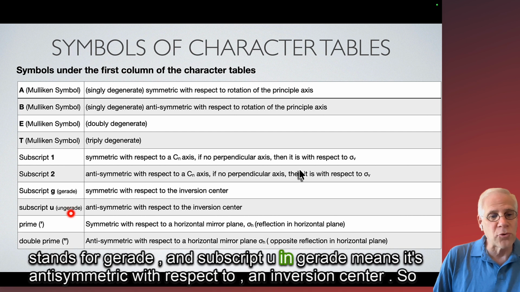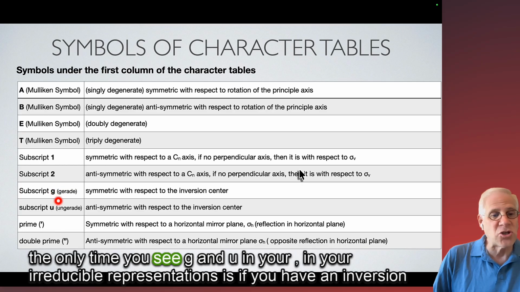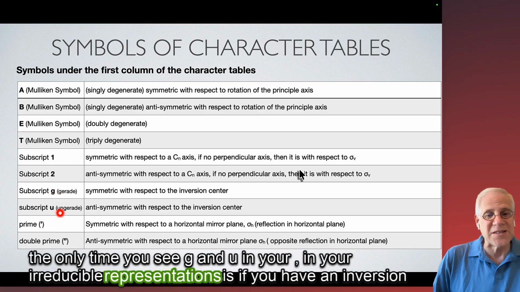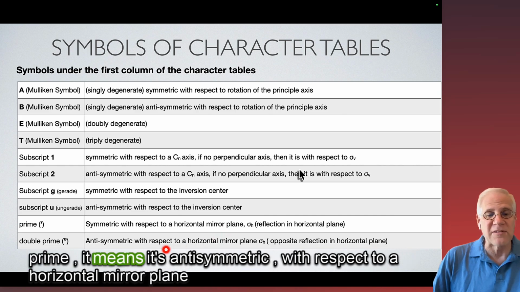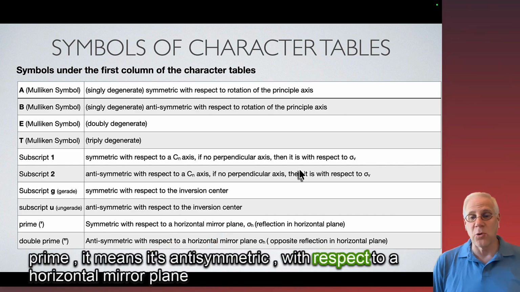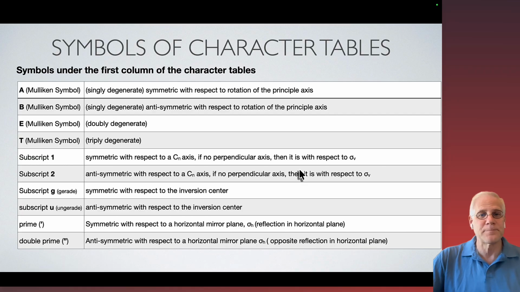And subscript u, ungerade, means it's antisymmetric with respect to an inversion center. So the only time you see g and u in your irreducible representations is if you have an inversion center. If you see a prime, it means it's symmetric to a horizontal mirror plane. And if you see a double prime, it means it's antisymmetric with respect to a horizontal mirror plane.